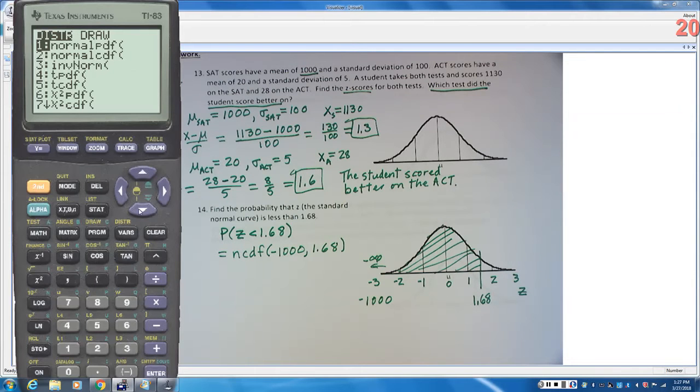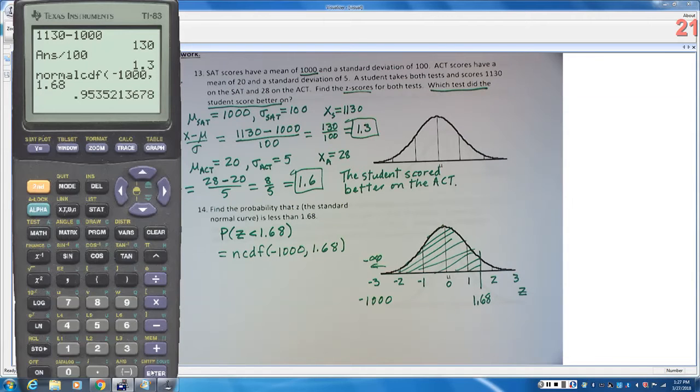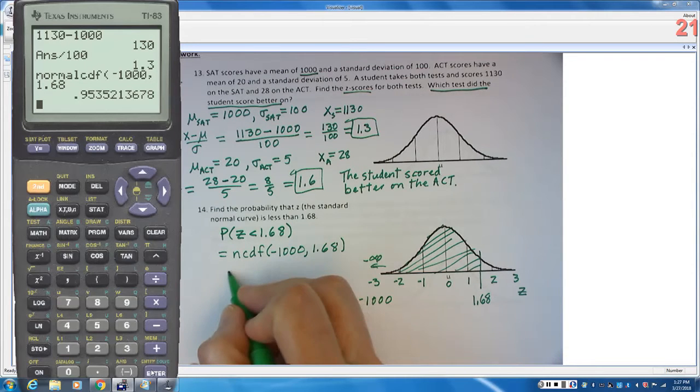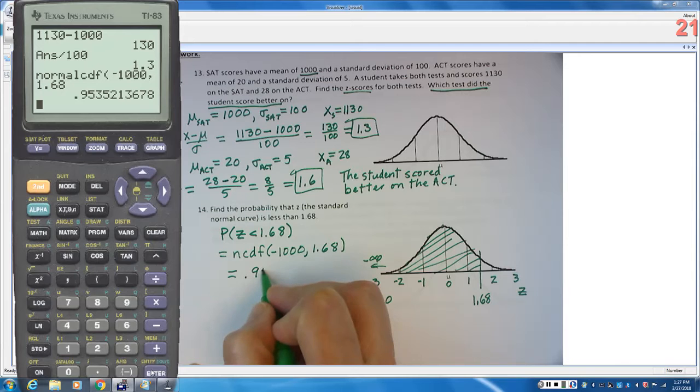Second distribution, normal CDF. Use the negative sign, not the subtraction sign. Negative 1,000, comma, 1.68. And go to 4 places. This is a probability, 0.9535.